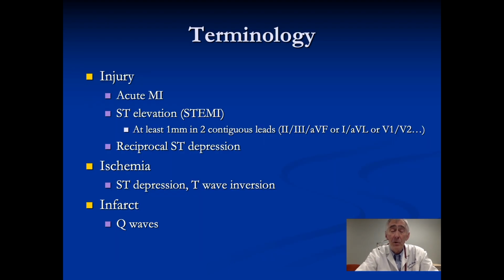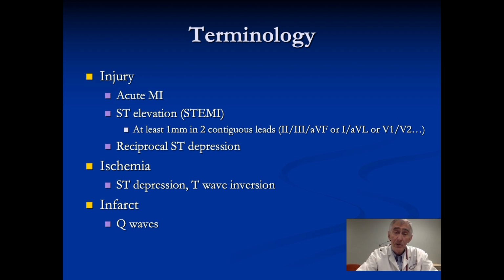RVH, I didn't put anything there, but we were going to use some terminology on findings in morphology. For example, when we look at injury or damage to the heart, we call that acute myocardial infarction, and we see ST elevation in at least 2 contiguous leads. Now, what is a contiguous lead?